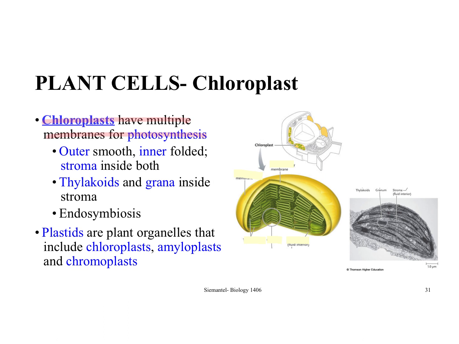Just like the mitochondria, they have an outer smooth layer, and then they have inner folded layers. They also have liquid on the inside, and that liquid is known as stroma. And their inner folds are known as the thylakoids, and then collectively as the grana.